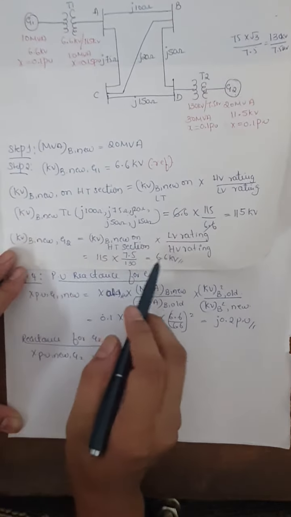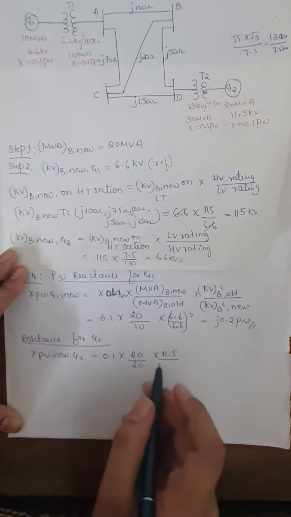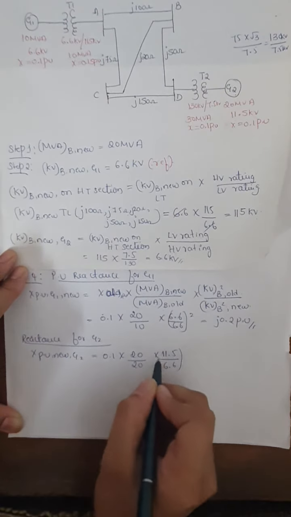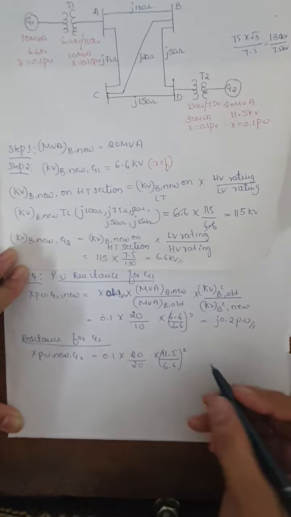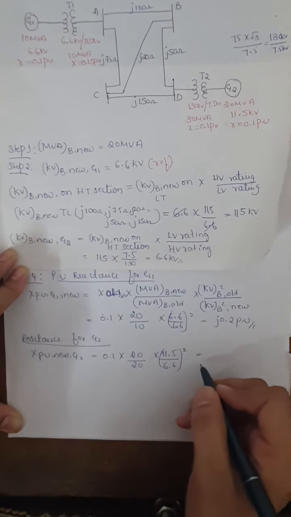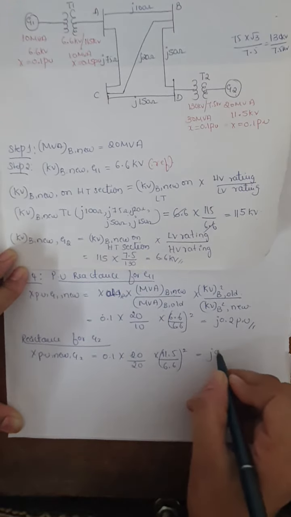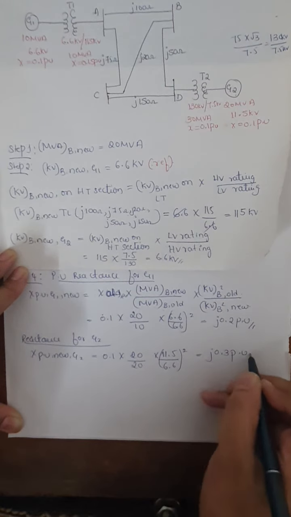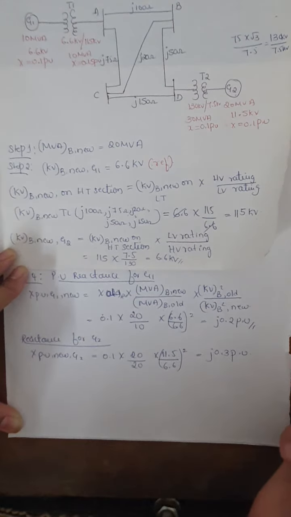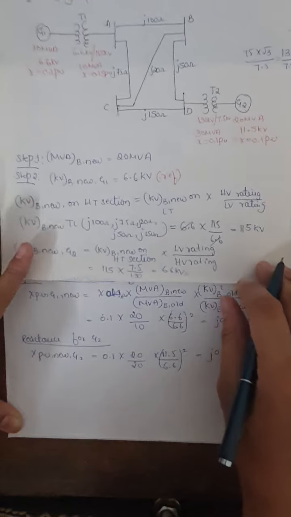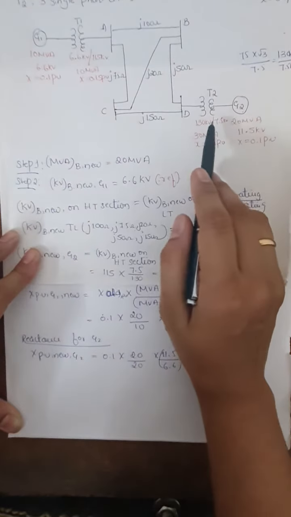For generator 2 we have the rating as 6.6, that is the new value. Now divide this, and we'll get the per unit reactance for generator 2 as J 0.3 per unit. After completing generator 1 and 2, the remaining components are transformer 1 and transformer 2.